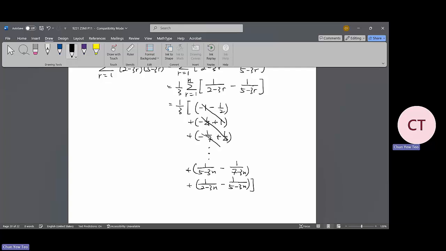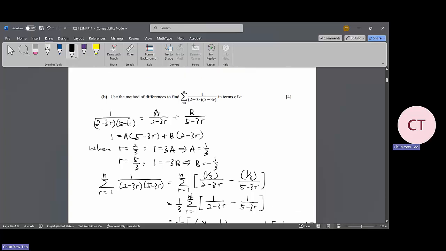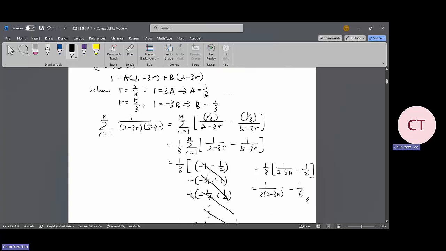So you can see that the pattern of the cancellation will remain in such a way. So at the end, you get 1/3 of 1/(2 minus 3n) minus the half, so you get this, minus 1/6. Okay, so this will be the answer for number 1b.